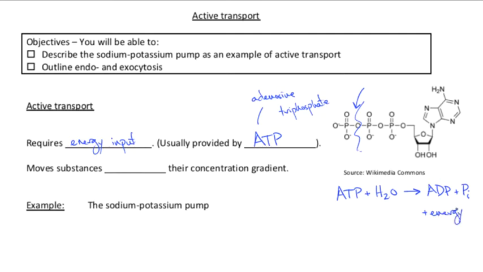And because the hydrolysis of ATP releases energy, ATP itself can act as a kind of energy storage for the cell. So ATP provides the energy for active transport.